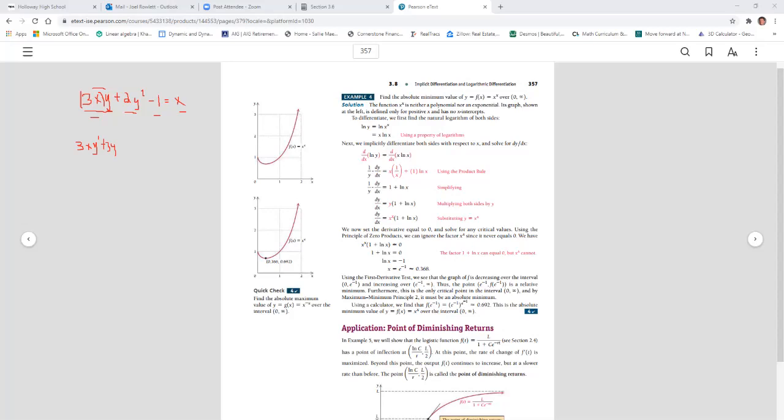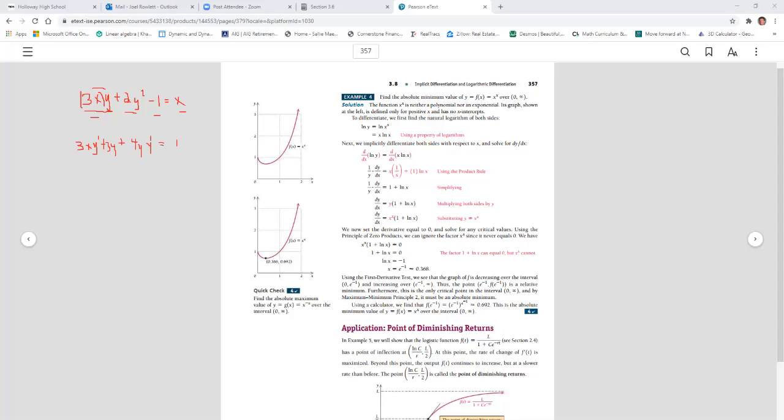Now I have to take the derivative of the second term. The derivative of 2y squared, remember y is a function, is going to be 4y y prime. That has to do with the chain rule. And then the derivative of -1 is 0, and the derivative of x with respect to x is just 1. Now I'm going to take everything that has a y prime and leave it on the left side, and I'll flush all of the other terms to the right side.